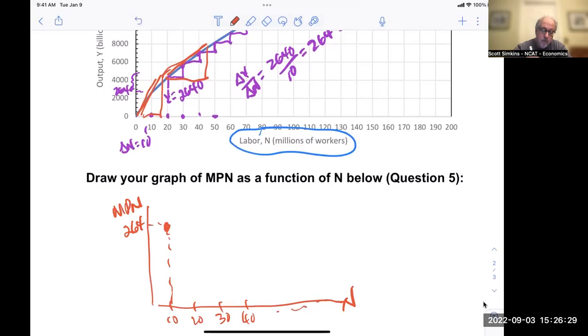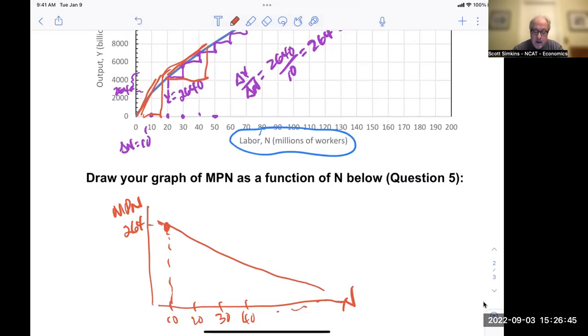And what we know from doing the calculation on the table for different levels of employment, different levels of N, is that it's going to look like this.